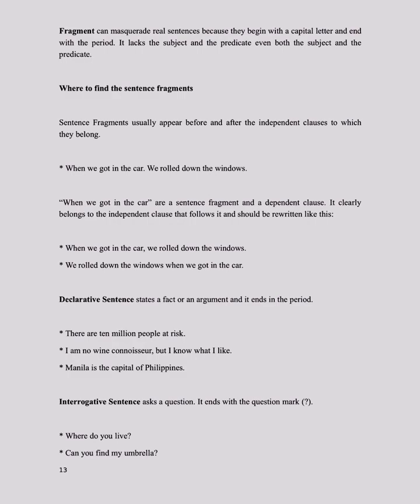It clearly belongs to the independent clause that follows it and should be rewritten like this: "When we got in the car, we rolled down the windows." "We rolled down the windows when we got in the car."